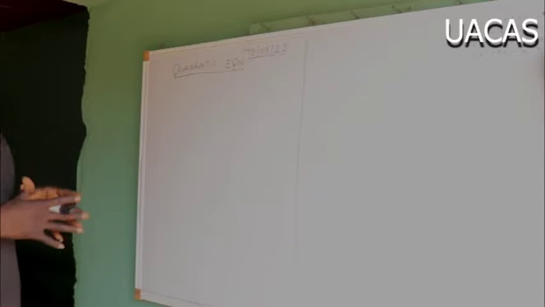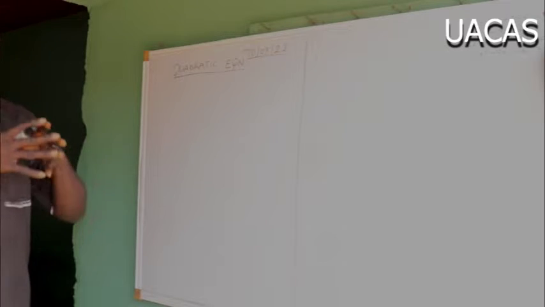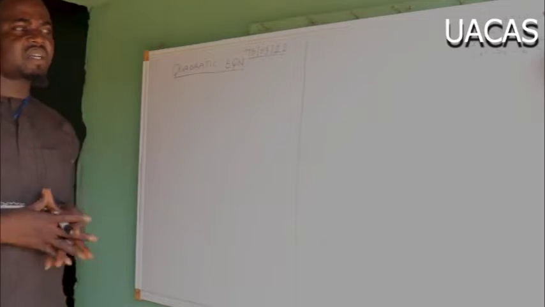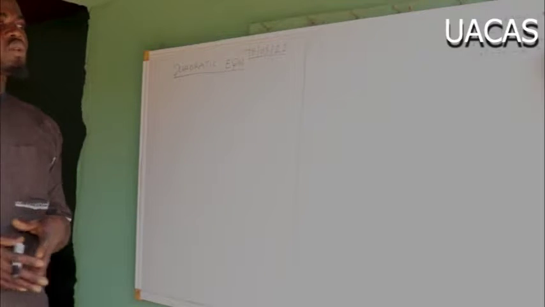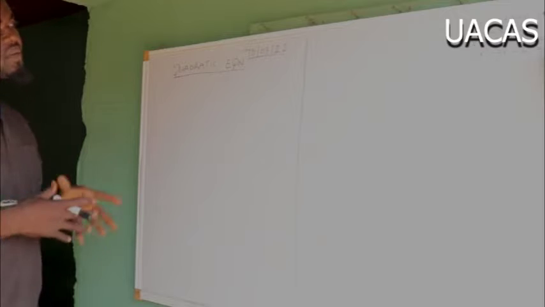So if it is not for you, you can as well tell your daughter, your son, or cousin, or whoever, nephew, niece, to subscribe to UACAS channel in order to learn it.